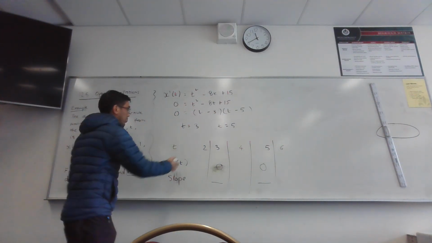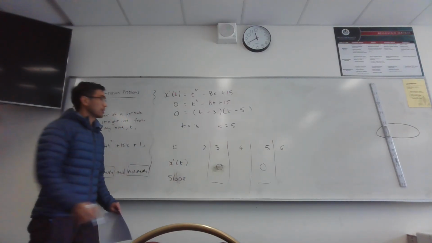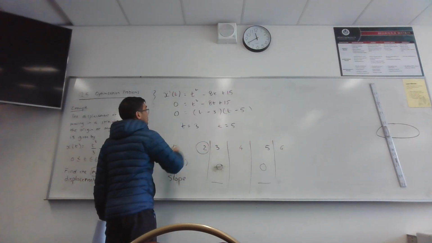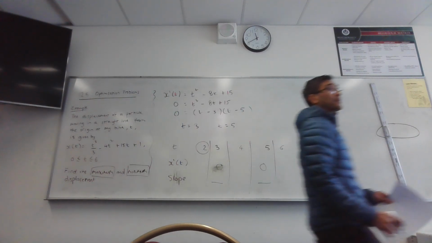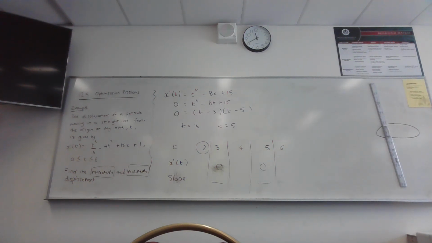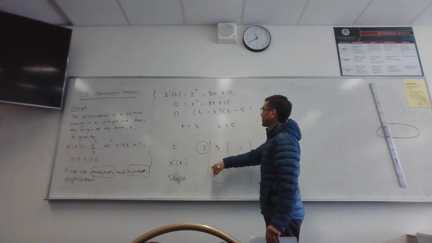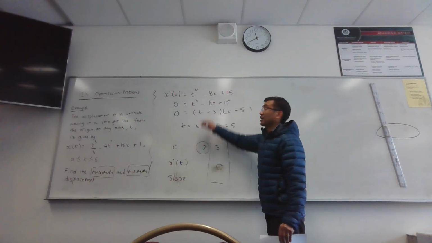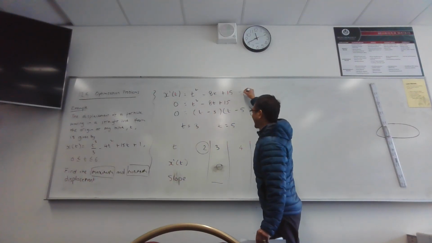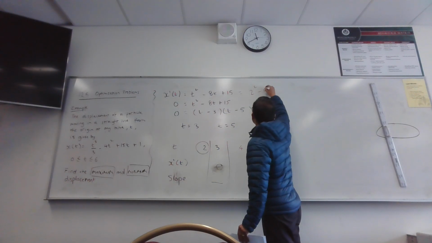What are you going to do with the 2? How are we going to make use of that? Where are we going to put it? In the equation. Which one? The second one. Yeah, that's just the top one. Is that what you meant?